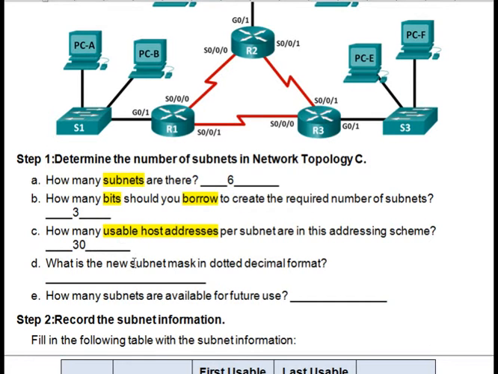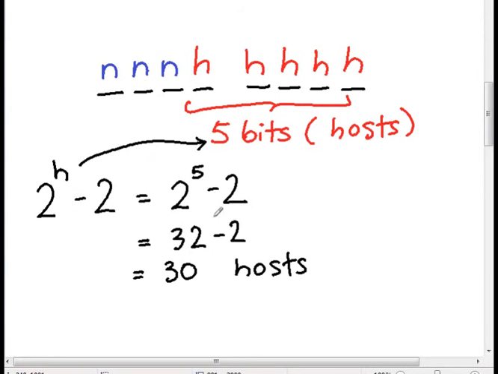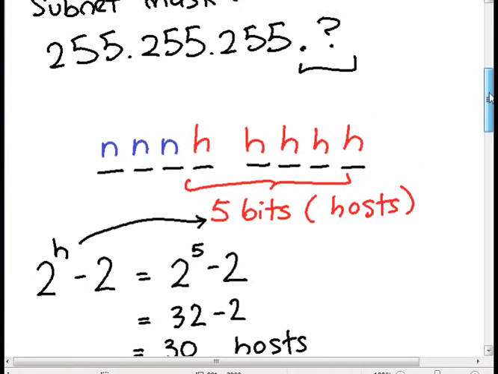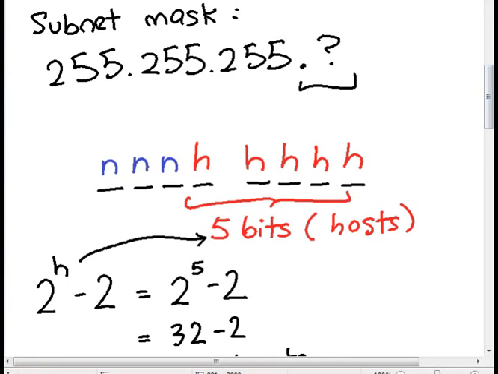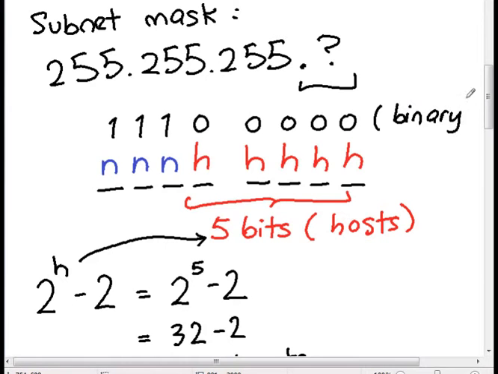Okay, so let's proceed to answer the next part of the question, the subnet mask. In this case, what is the subnet mask in dotted decimal format? So let's go back to the table over here. We know that this is our subnet mask, and we are going to represent the network bits by 1 in binary, and the host bits we are going to represent by 0. So this is the binary equivalent for the last octet. So how are we going to get the decimal equivalent for this octet?